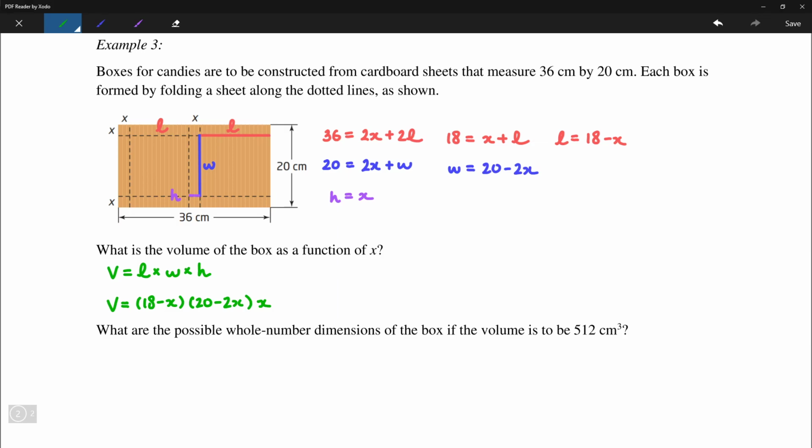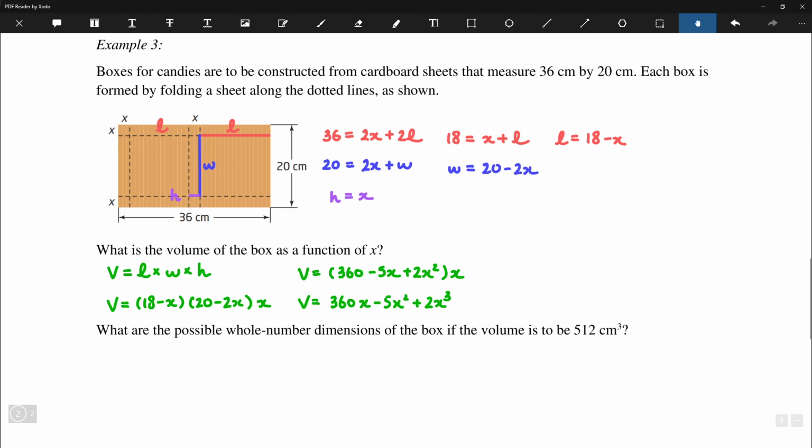Okay, so if this were all multiplied out, then V is going to be equal to 360 minus 56x plus 2x squared times x. So V is equal to 360x minus 56x squared plus 2x cubed.